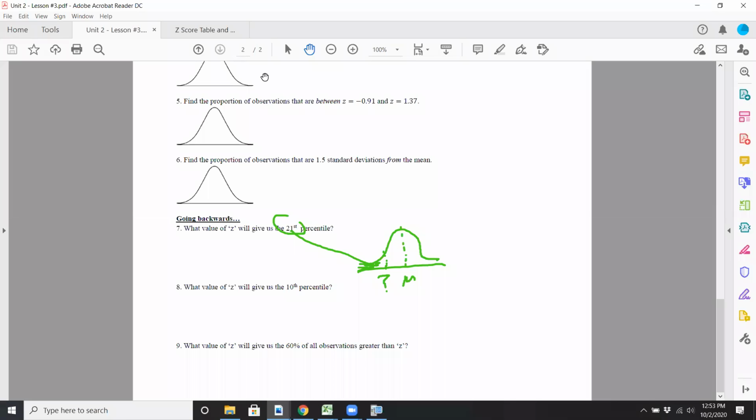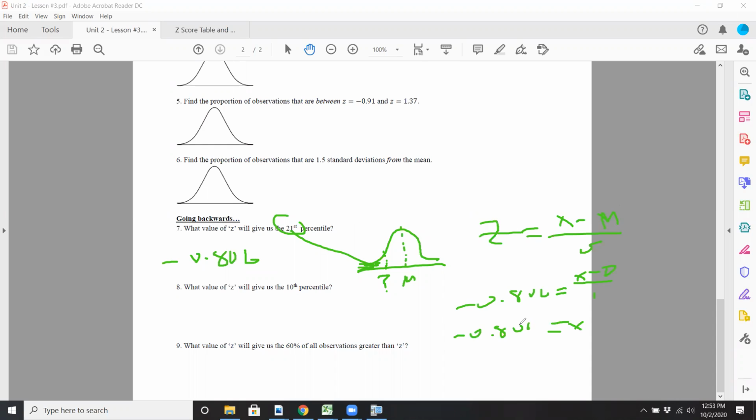So again, that's negative 0.806, which actually should make sense because remember z-score is your data point minus mu over sigma, right? So if you have negative 0.806 and the mean is 0 and standard deviation is 1, x of course is negative 0.806.